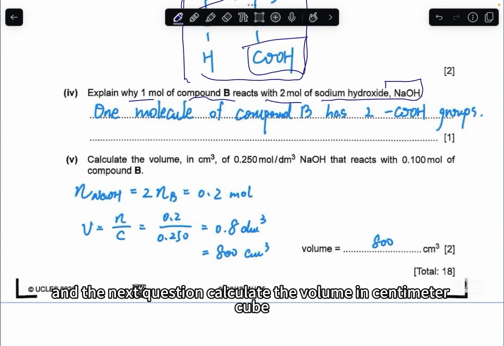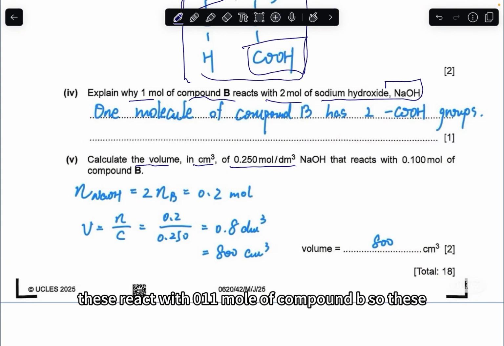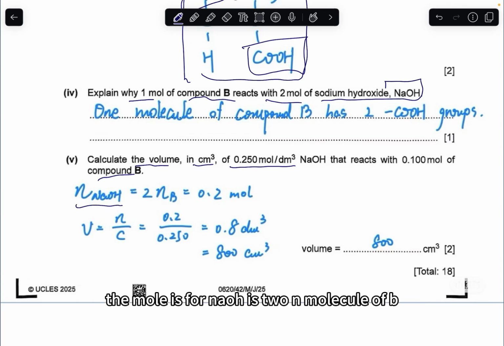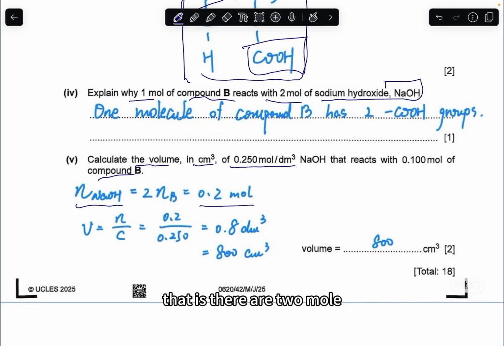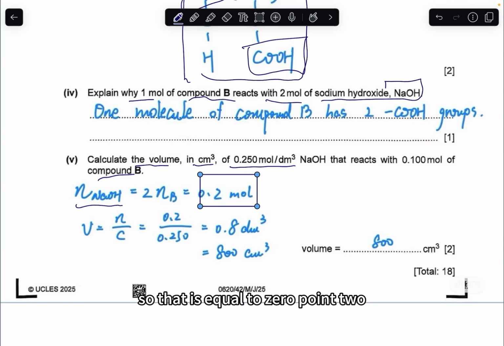And the next question, calculate the volume in centimeter cube of sodium hydroxide that reacts with 0.11 mole of compound B. The moles of NaOH is 2 times the moles of B. That is, there are 2 moles, so we multiply 2 with 0.1, which is equal to 0.2.